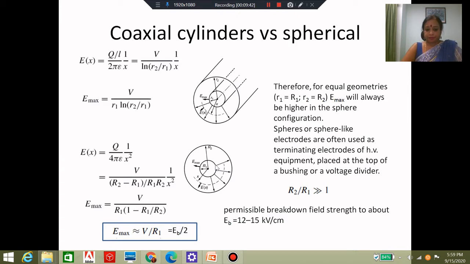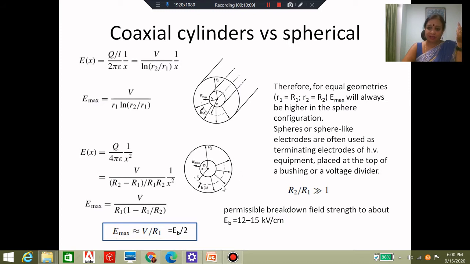And therefore, we would like Emax to be half the breakdown strength of air. So this is a good guiding principle for what kind of dimensions you would like to use for your spherical configuration, so that the maximum electric field at the surface of this inner sphere does not cause breakdown if you have air as an insulating medium.